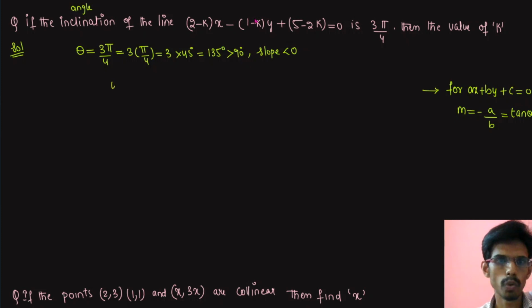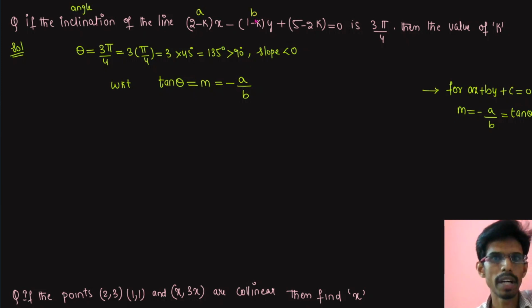So we know that m is equal to tan theta, and m is nothing but minus a by b. Here the value of a is 2 minus k, and b is minus of 1 minus k, from ax plus by plus c.